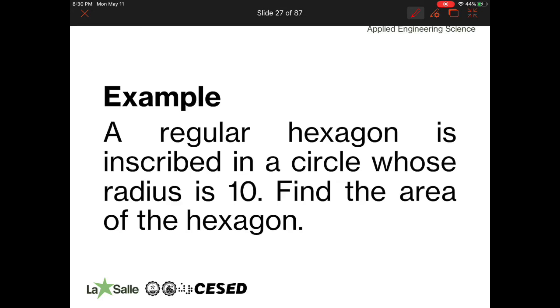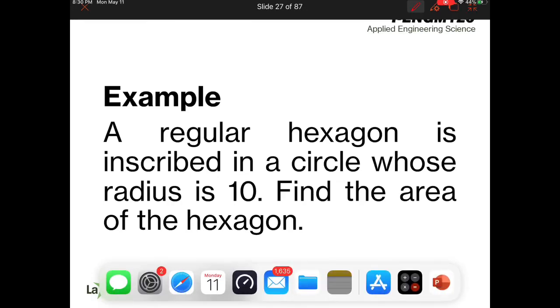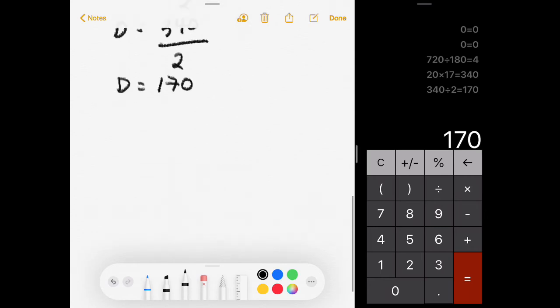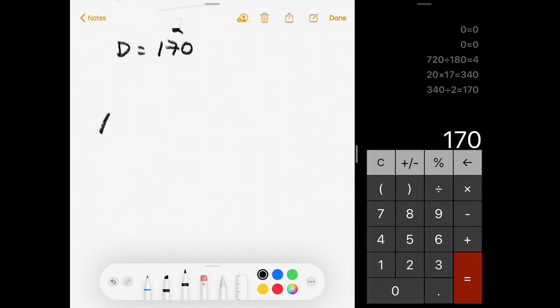So for this, we could proceed our calculation. Again, the formula for the area, kapag ganun yung situation, is area equals n r squared over 2 multiplied by sine 360 over n.